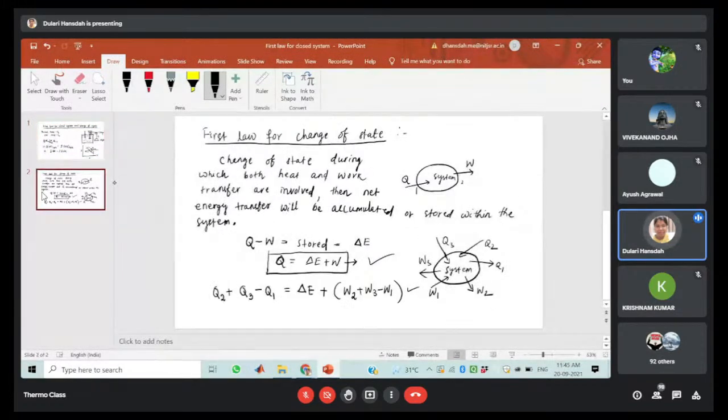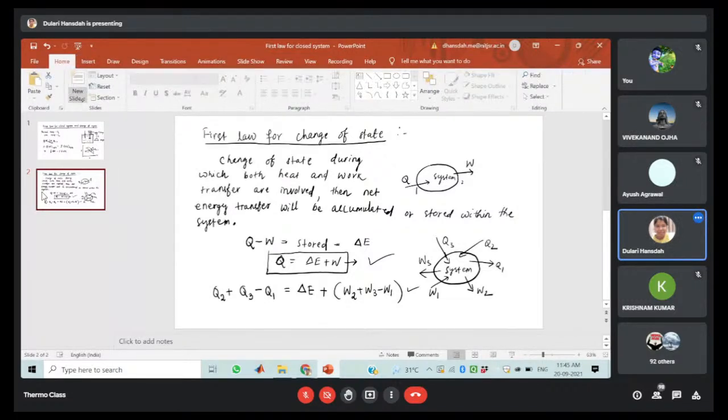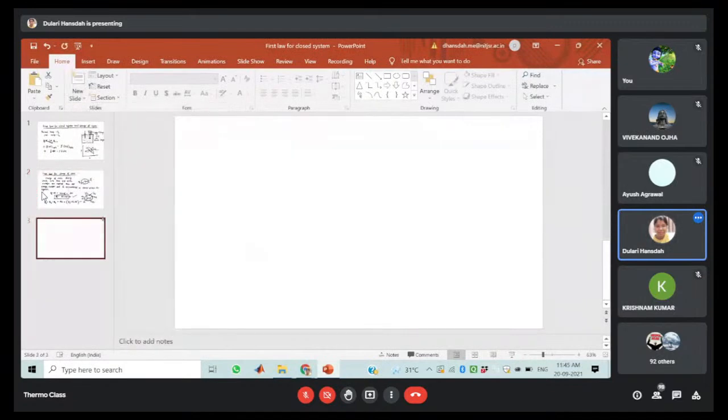Okay. So here we are getting a new term, that is the internal energy. Sometimes we are proving that your internal energy will be a property of the system.